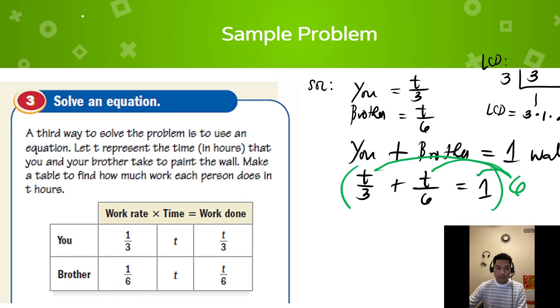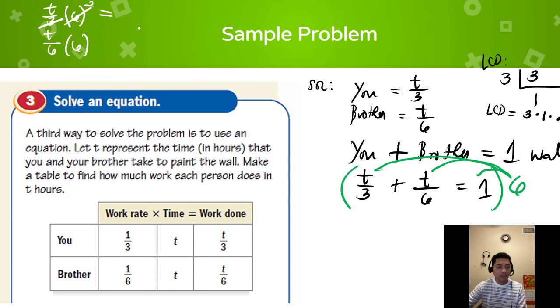Let's look at t over 3 times 6. The other one is t over 6 times 6. But with 6 times 1, I will no longer show that because that's very easy. So we can just do this first. So if we cancel 3 and cancel 6, that gives us 2.